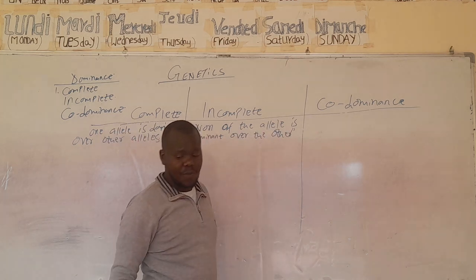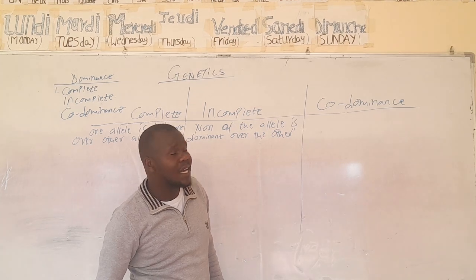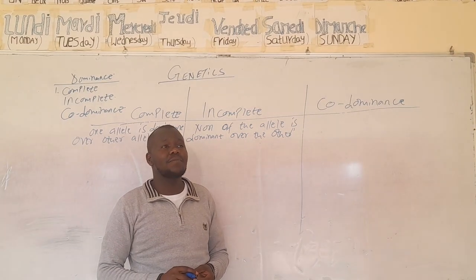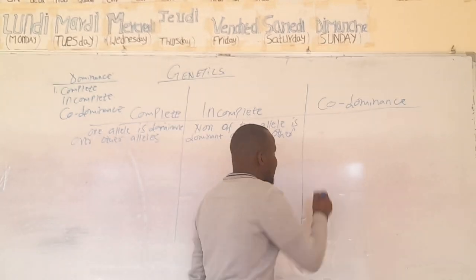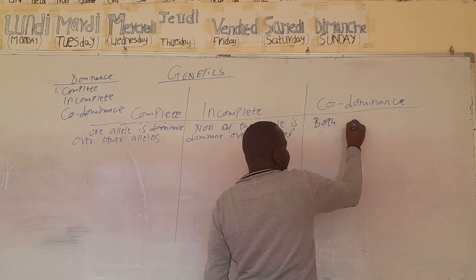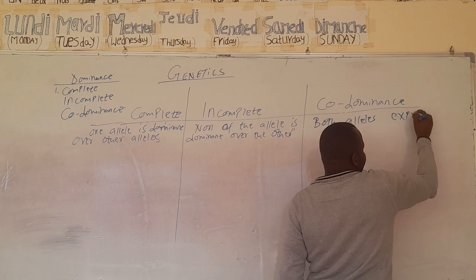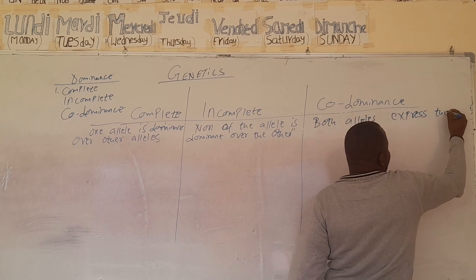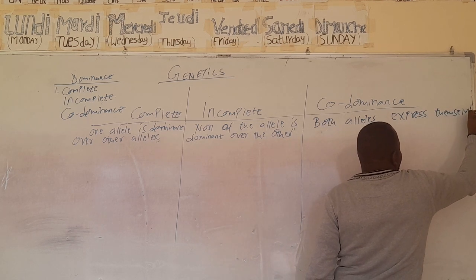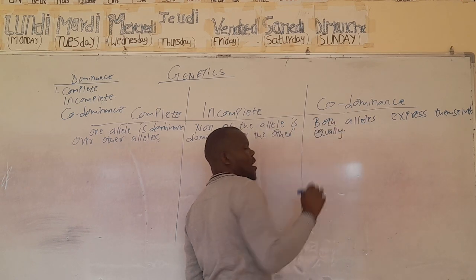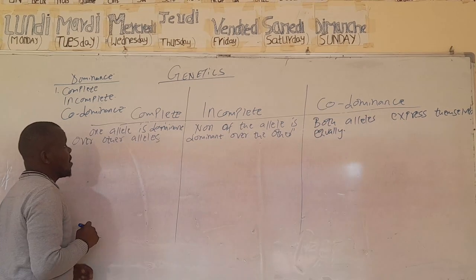What about codominance now? In codominance, both of the alleles express themselves equally. I'm using an example of a flower.